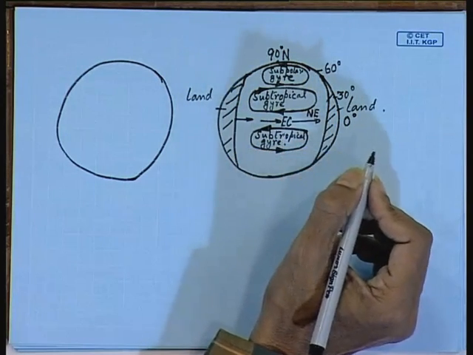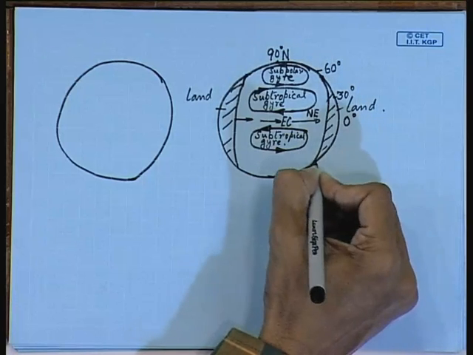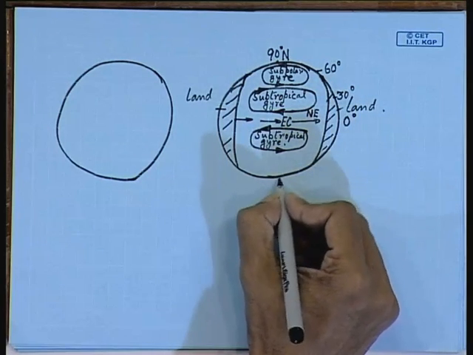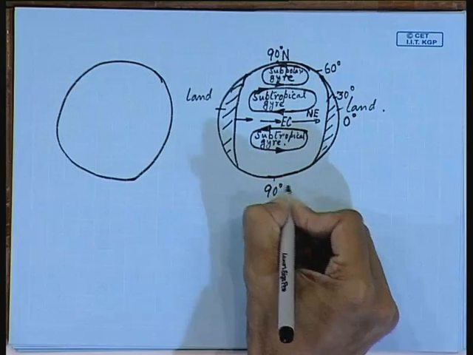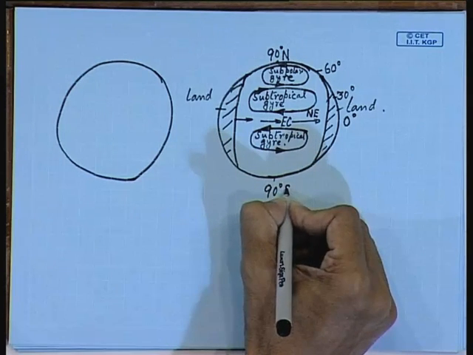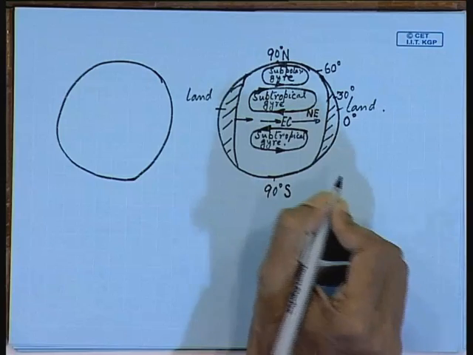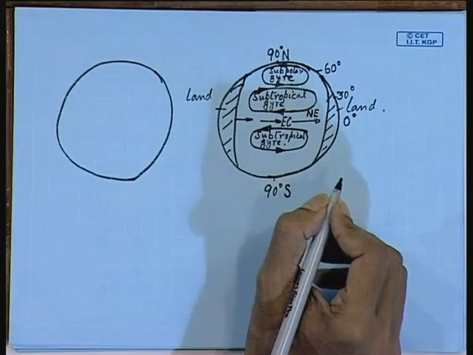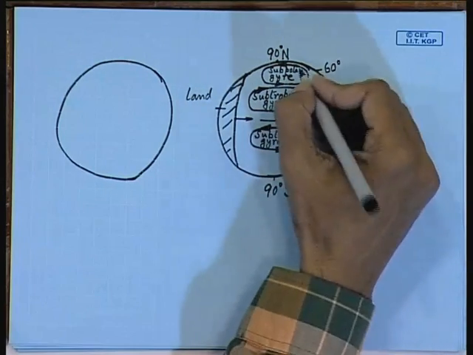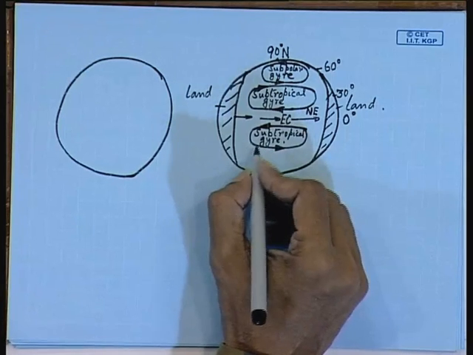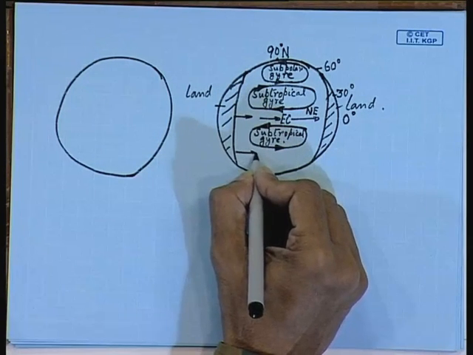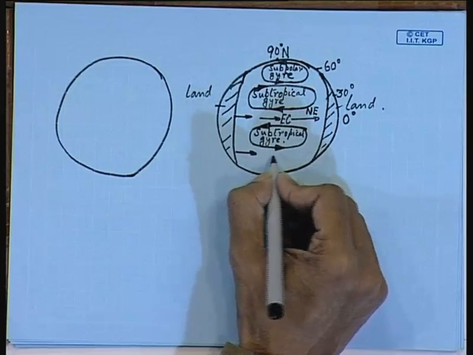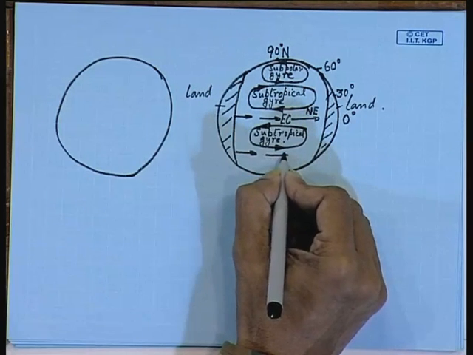Now here there is one remarkable thing, near this is your south pole, or 90 degrees south. Now at 90 degrees south you do not have the subpolar gyre. Have you noticed? The subpolar gyre is absent, but here you have a huge mass of water drifting around the globe because there is no land mass.